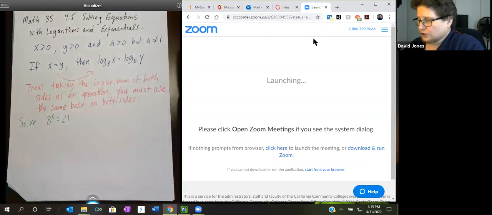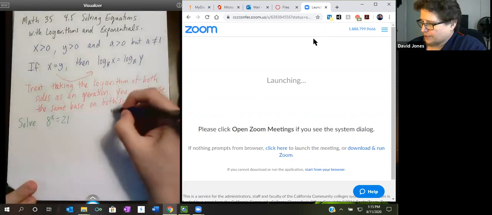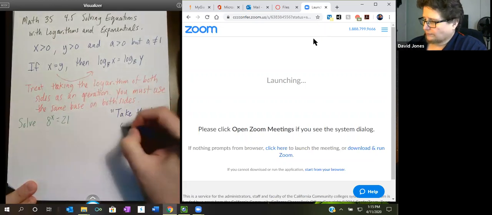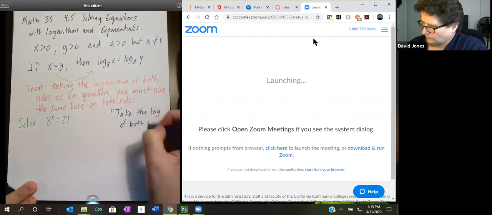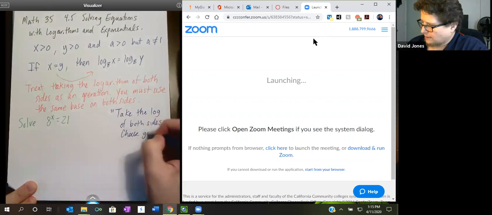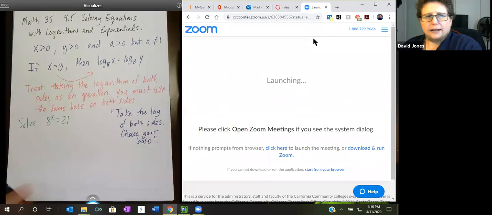It's easier to take the log of both sides. Choose your base. Now, sometimes the problem guides the base. If they're both powers or multiples of 3 or 2 or something like that, we might choose base 2 or 3.